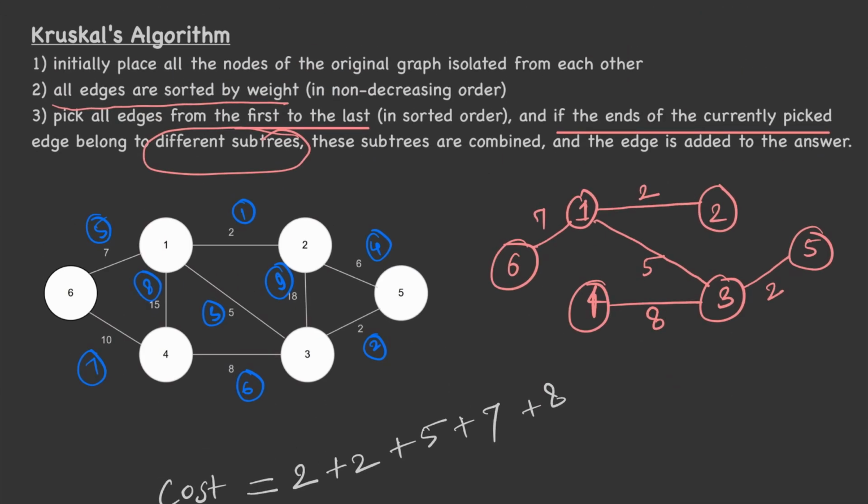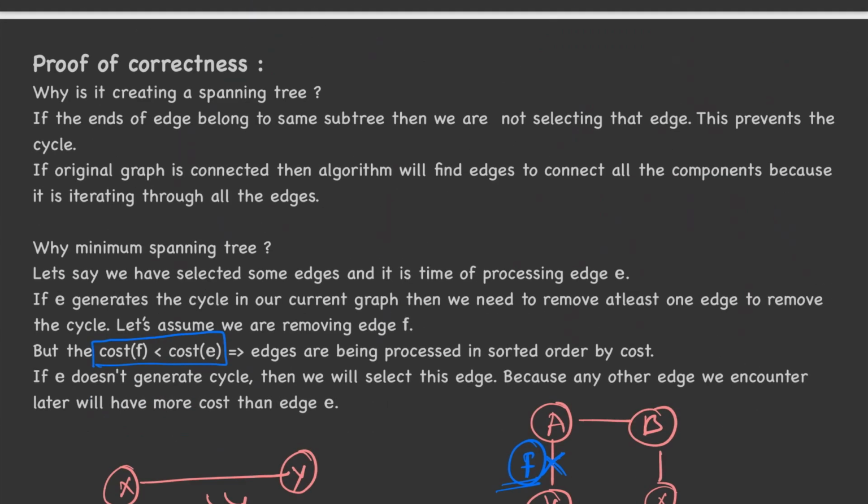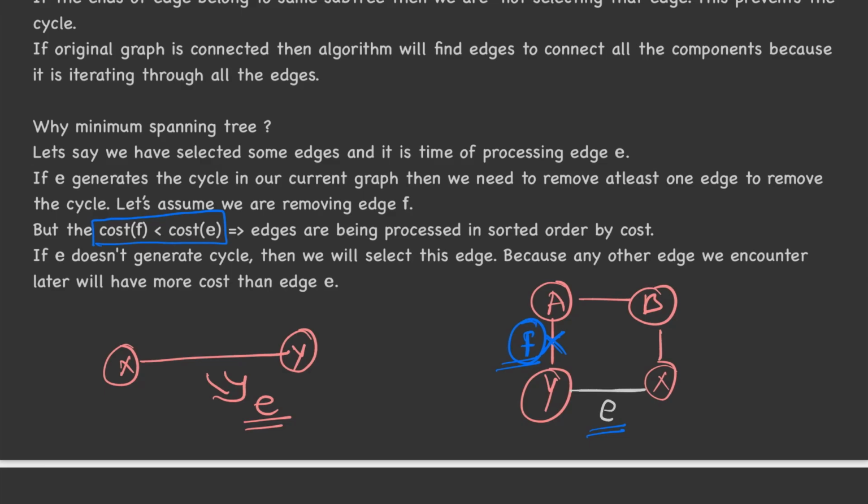If we have processed this particular edge F, that means the weight of edge F will be less than weight of edge E. So if we remove this edge and take edge E, the cost will actually increase because cost of F is less than cost of E. So it will always be bad to take this particular edge.